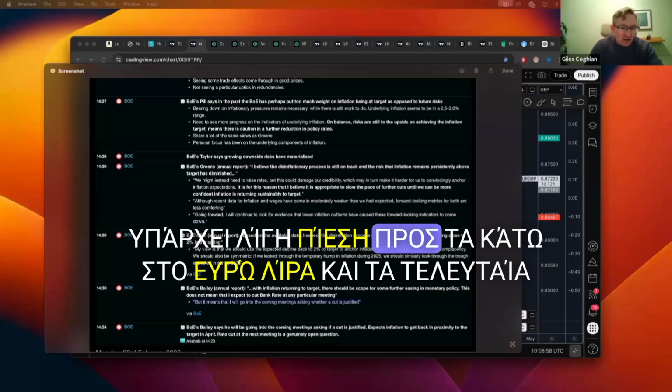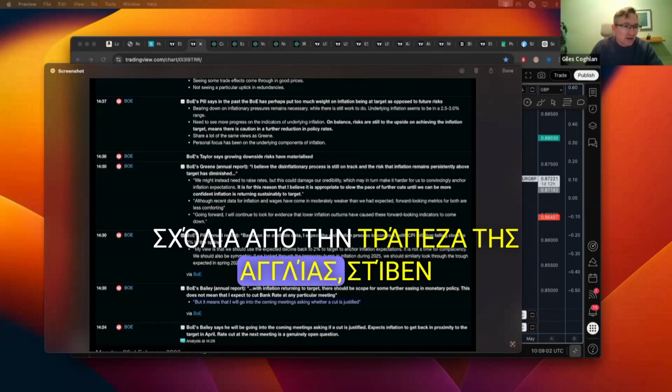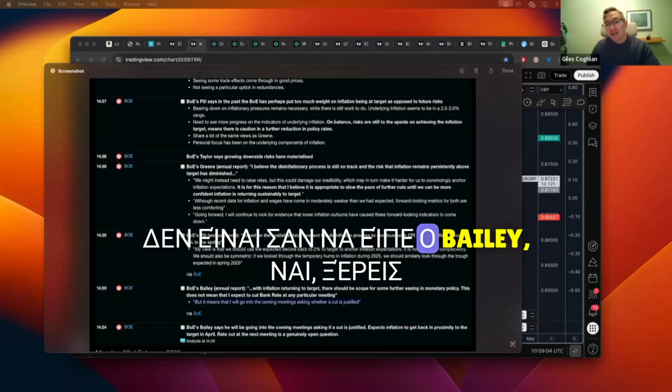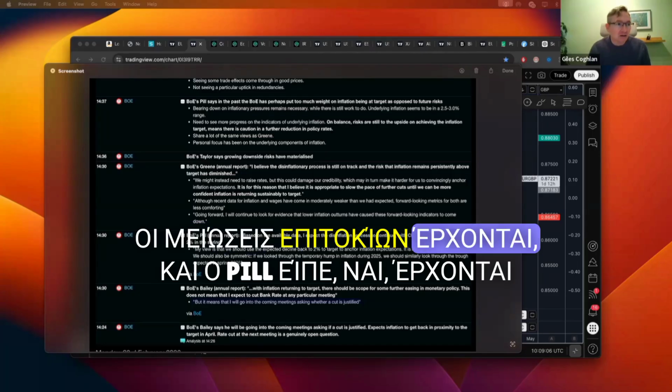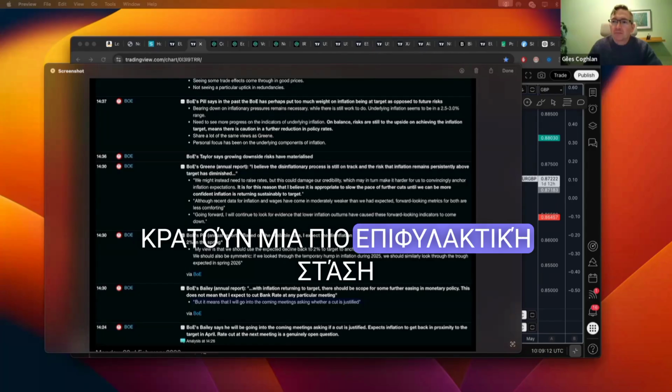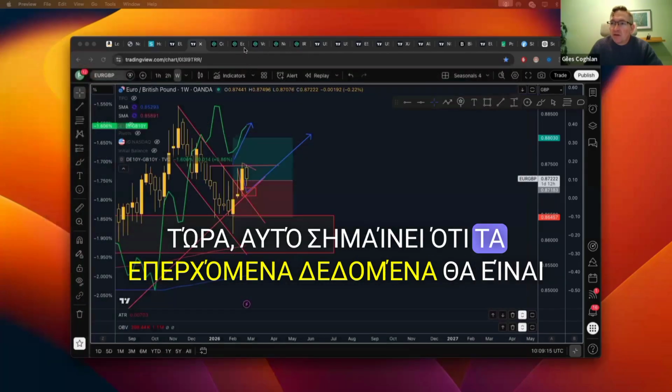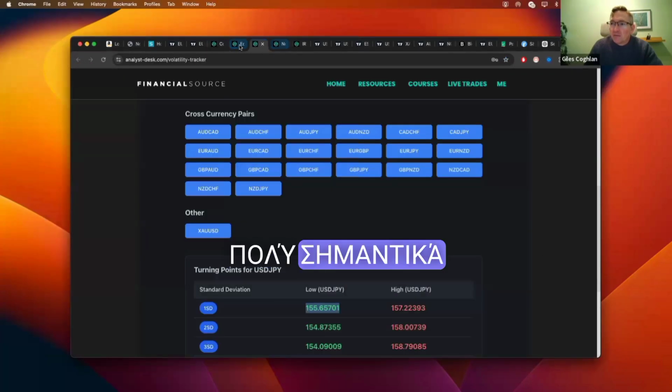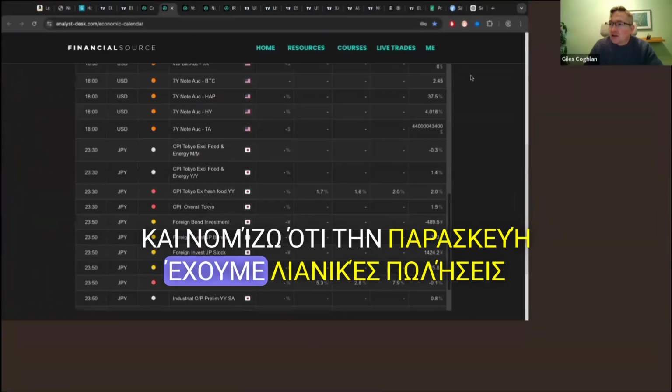There is a little bit of pressure to the downside in the euro pound, and the latest commentary from the Bank of England, Stephen, it's not like Bailey said, yes, interest rate cuts are ahead, and Pill said, yes, they're ahead. They're being a bit on the fence. Now, that will mean incoming data will be very important coming up. And I think Friday we've got retail sales.